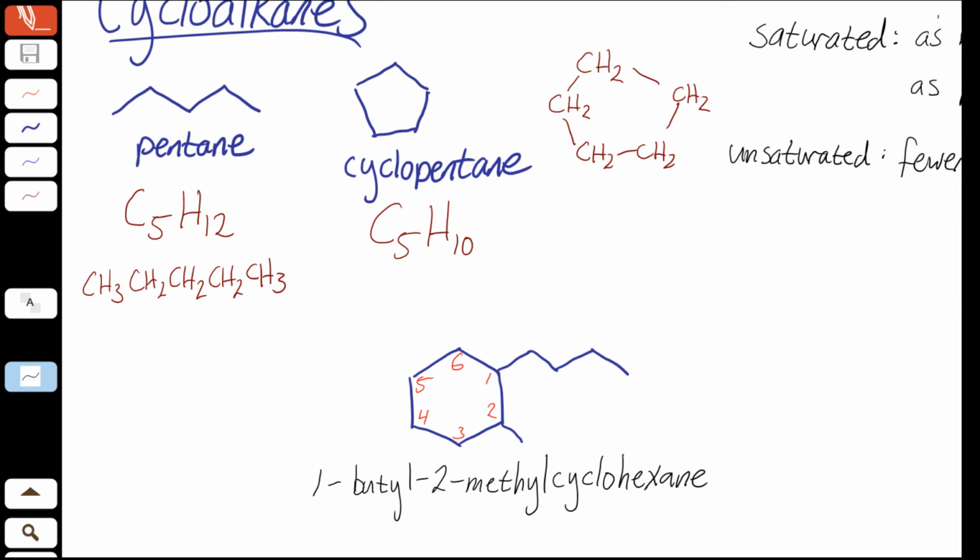What's the ideal angle for a tetrahedral sp3 carbon? 109. About 110, yeah, 109.5. What's the angle inside of a triangle? Going all the way back to 10th grade or whatever, 8th grade, I don't know when you did your geometry. What's the angle inside of an equilateral triangle?